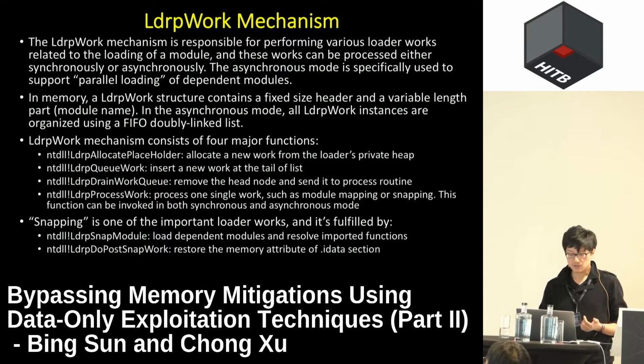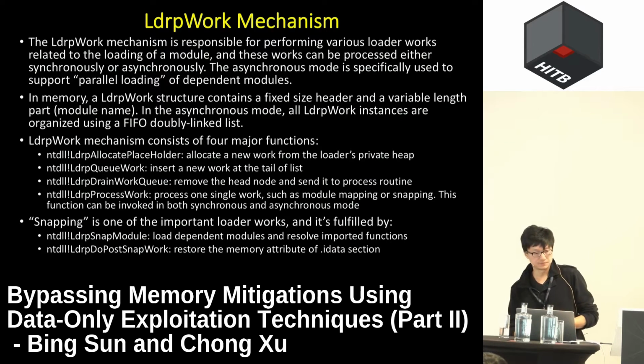The in-memory structure of LdrpWork contains a fixed size header and the variable length part, the module name. We're going to show you a diagram. And in asynchronous mode, all the LdrpWork instances are organized in a doubly linked list, which is FIFO.